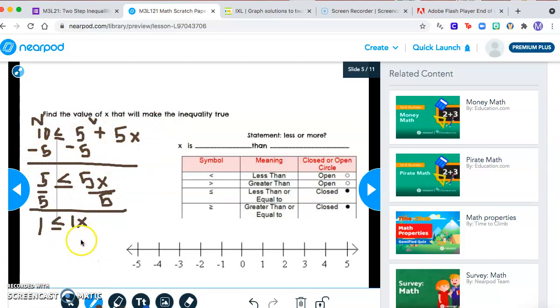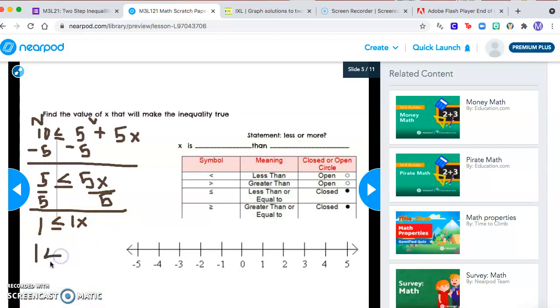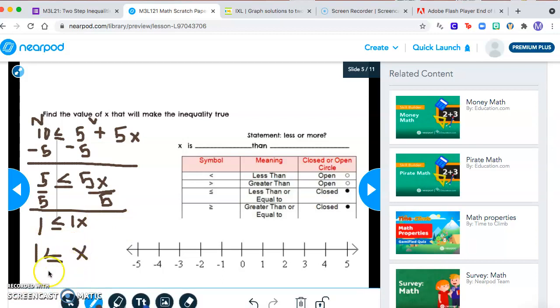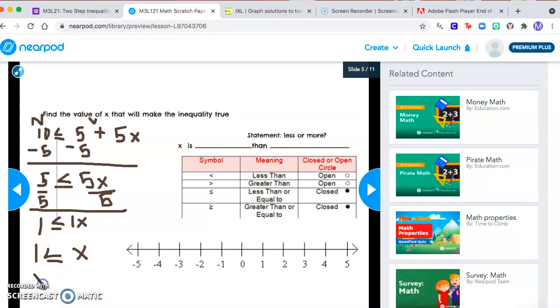And so if you were to read this, this is saying that 1 is less than or equal to x, but in terms of x, what that means is x is greater than or equal to 1.